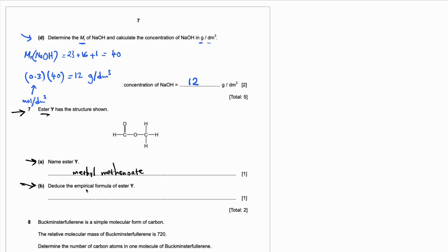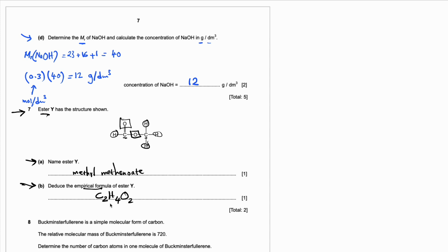Next, deduce the empirical formula of ester. So first you have to count every single atom in that displayed formula, and then you have to find the simplest whole number ratio between them. So we have 2 carbon atoms, so it's C2, and we have 4 hydrogen atoms, H4, and we have 2 oxygen atoms, O2.